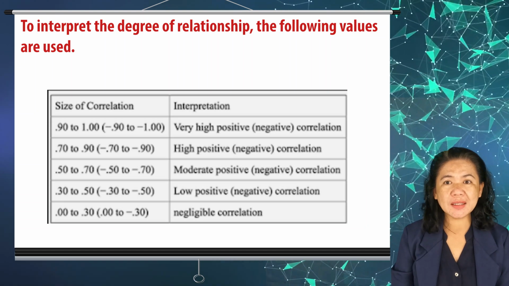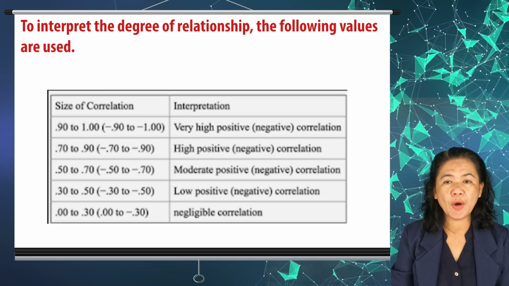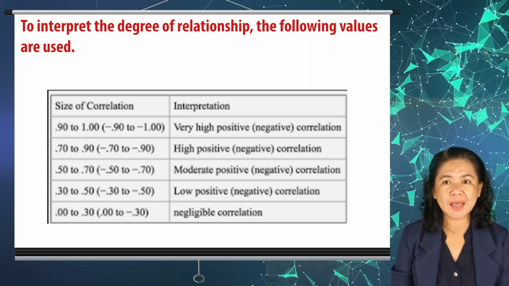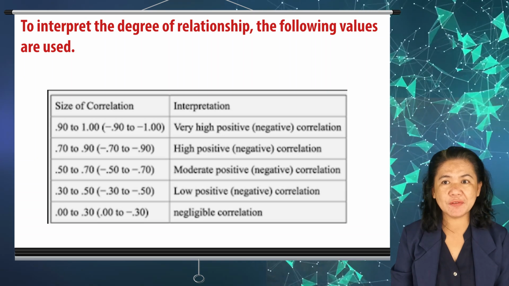Positive or negative 0.50 to 0.70 means moderate positive or negative correlation.